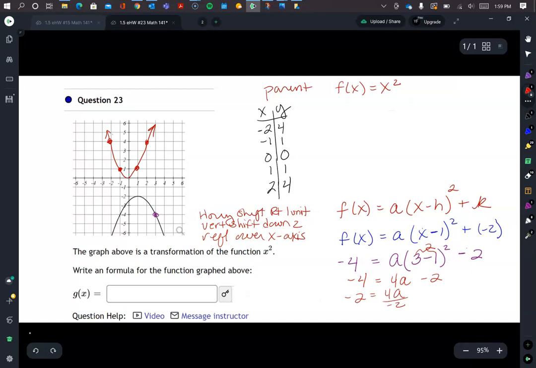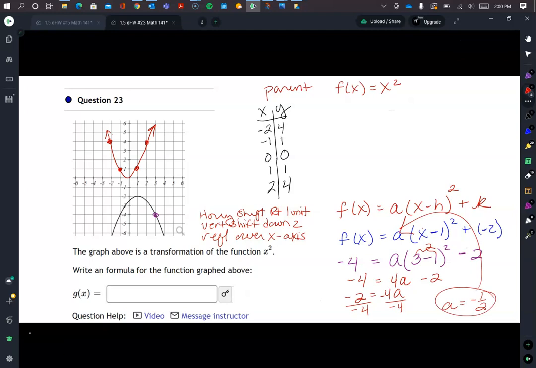Divide by 4, and I end up getting a is negative 1/2. That makes sense, I knew I needed to have a negative. So that works. Then I just have to take that a and put it back up into my function.